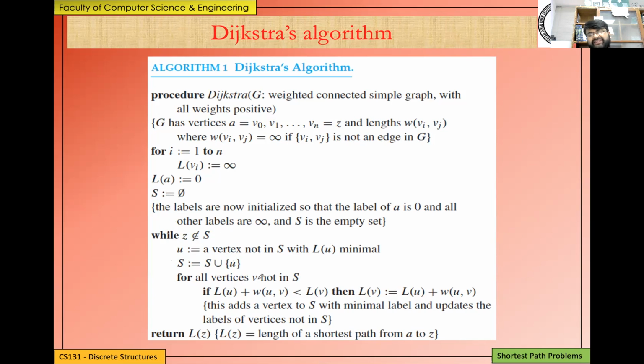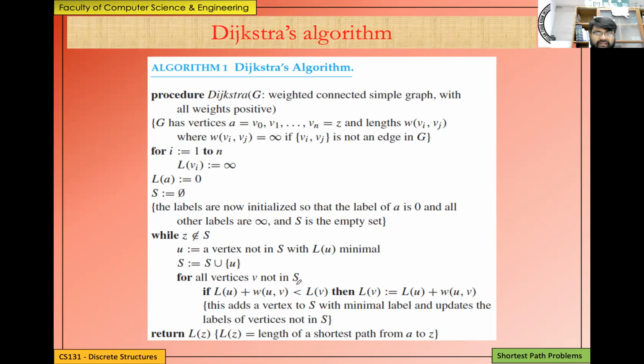Then for all vertices V not in S: for example, in this case, we'll start with the vertex A, a vertex that is not in S, since S was empty, and L(U) is minimal. So we put A in at the first step. Later on, this while loop keeps on adding more and more vertices.